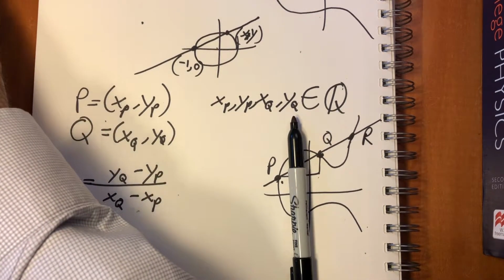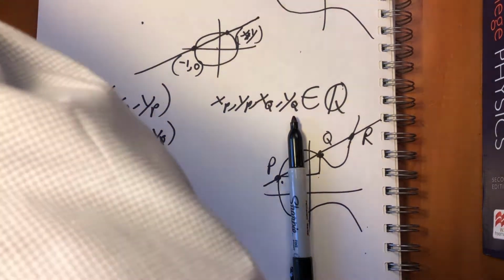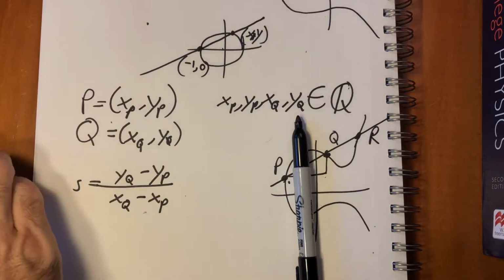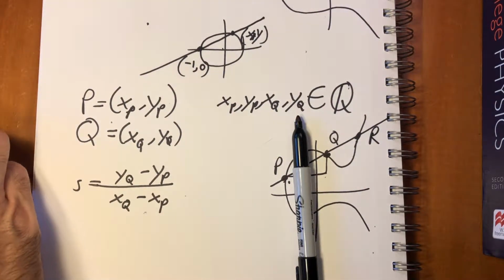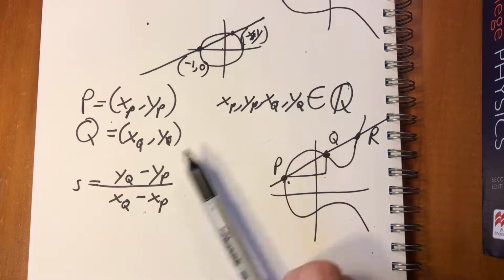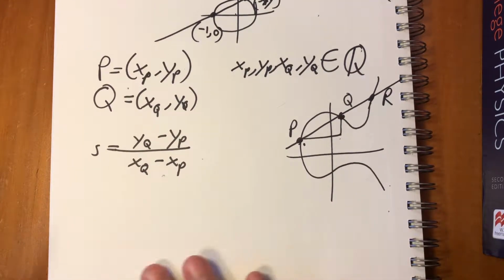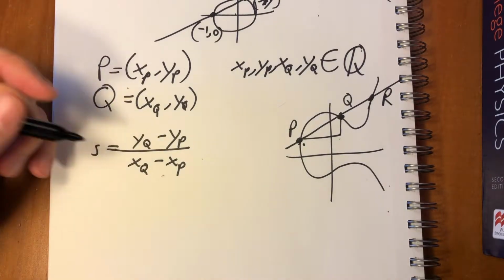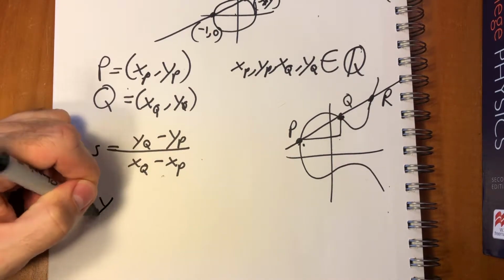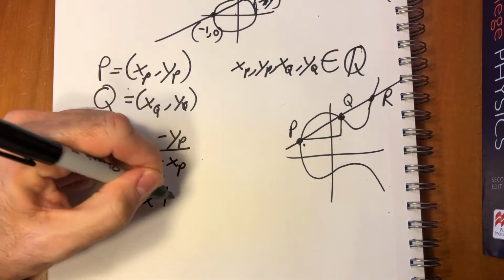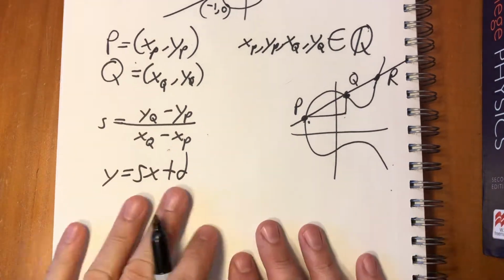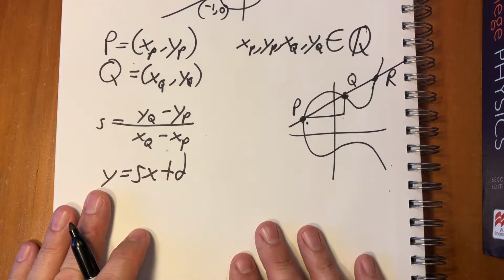So let me switch notebooks. Now again, we do something very similar to what we did last time. The equation of the line, as always, is y equals sx plus d. That's just the standard equation for a line.